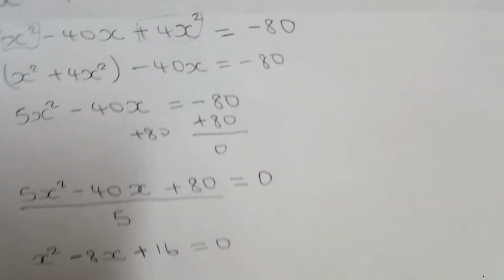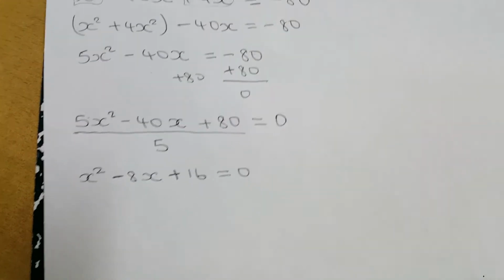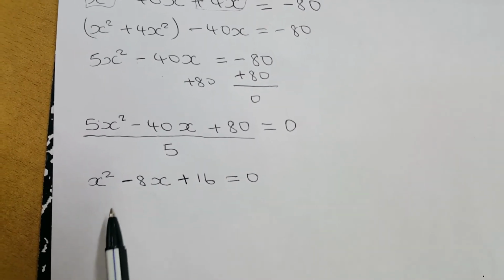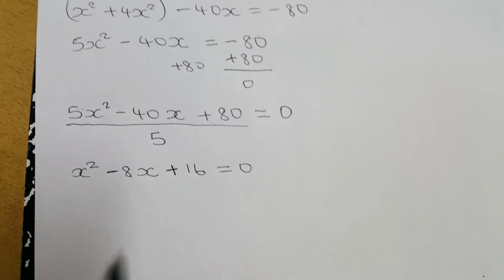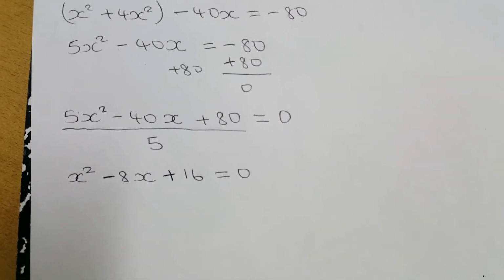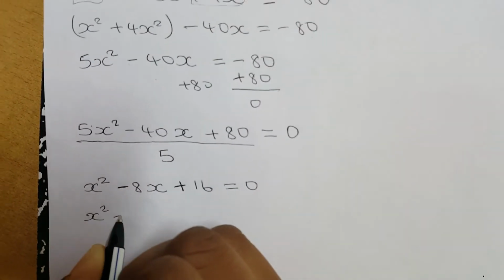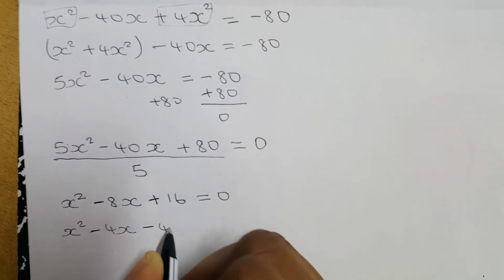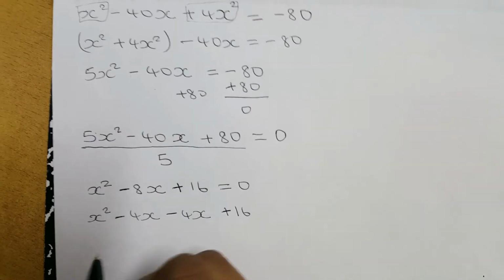All right, so we're one step closer now, so it's time to factorize. We need to find two numbers that when we multiply them we get positive 16, and when we add them we get negative 8. Two possible numbers that I have are negative 4x and negative 4x. You can also test it to see if this is true.